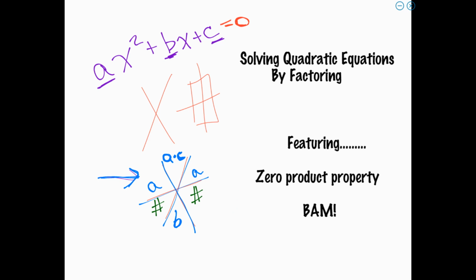This is just a refresher. So those two numbers that you fill in multiply to give you whatever AC is, and they add to give you B. That's what you're looking for. You're looking for two numbers that will multiply to give you whatever that top number is and add to give you B.